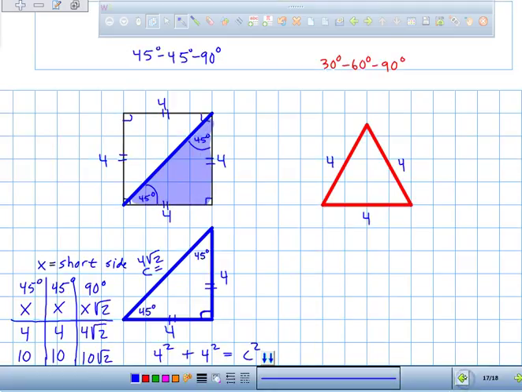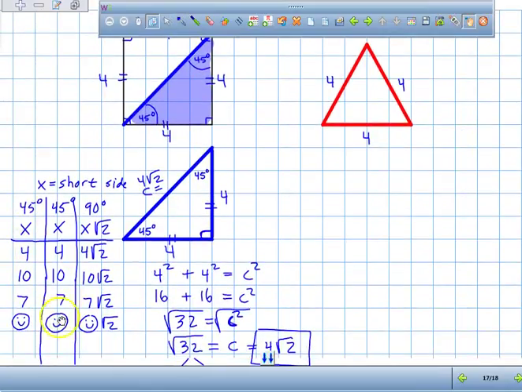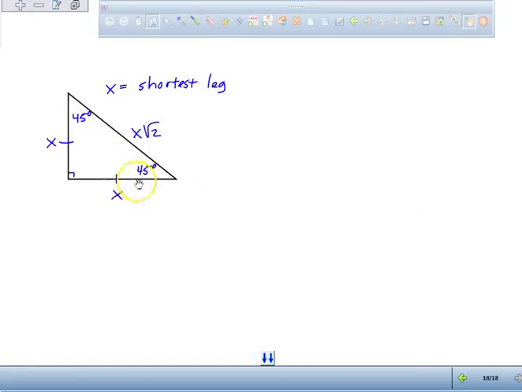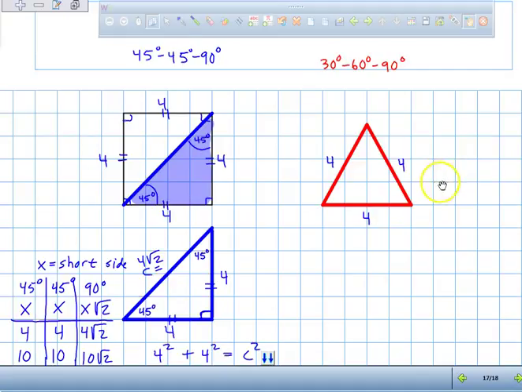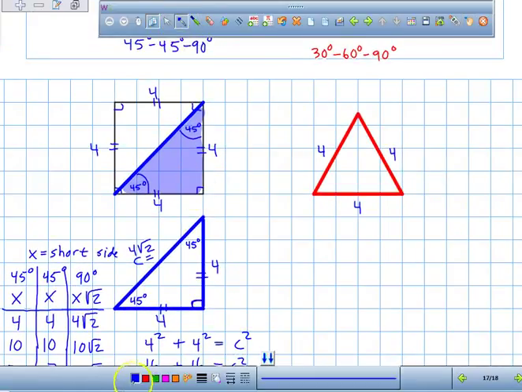All right, I'm going to go back to this page right here. So what you should have in your journal, you should have this chart right here as a guide, okay? And you should have what picture? Oh, not that one. This picture right here, okay? All right, so right now, I'm switching colors. We're dealing with an equilateral triangle. Does everybody realize that this right here, I attempted to the best of my ability to draw an equilateral triangle.